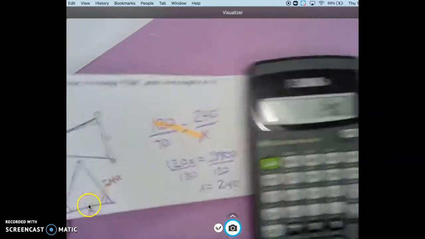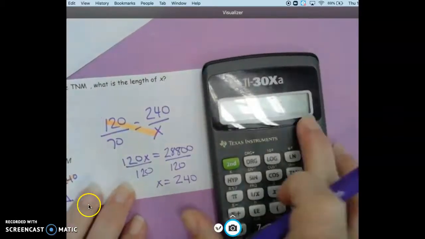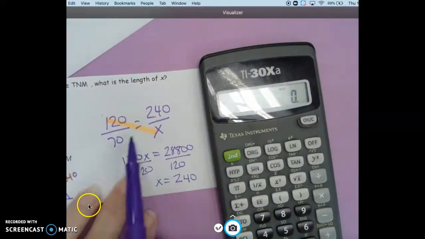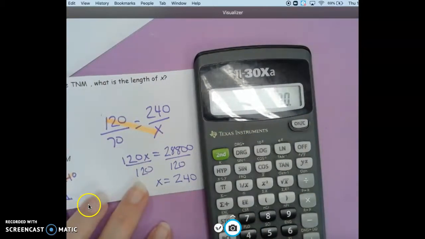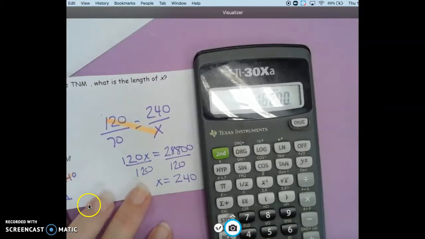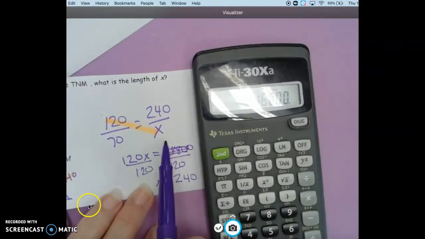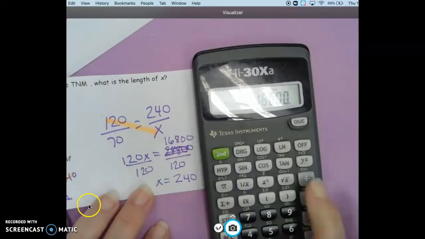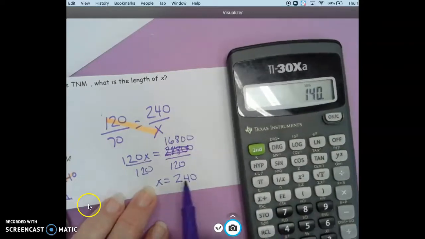So let's go back and see if we can figure out, or you may have already noticed what I did wrong. So we got 120x. Let me go back and do 70 times 240. Okay, so there's my problem right there. So this number should have been 16,800. And then divide that by 120, and I get 140.